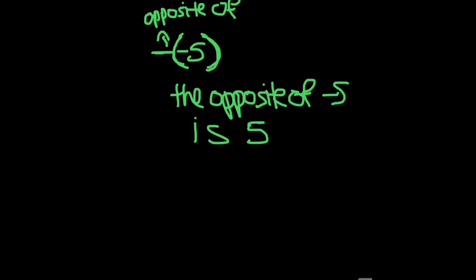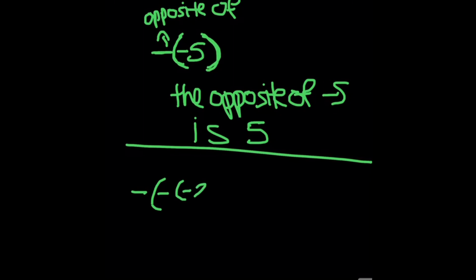Now, if you're talking about the opposite of the opposite, this is how it would look. It is a little weird, but you shouldn't really worry about that one that much.